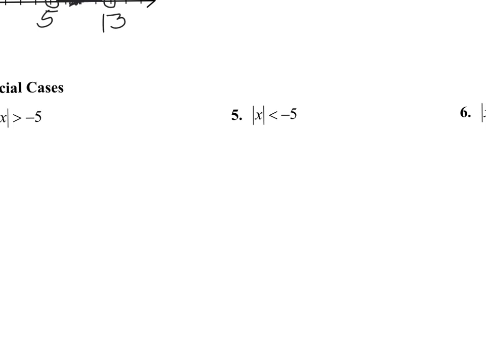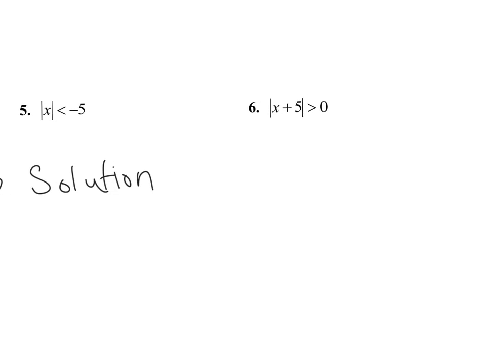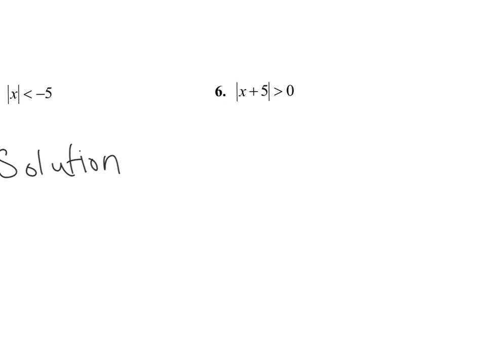Well, there's no scenario ever that that's going to be true because the absolute value is always positive, and the last time I checked, positive numbers are greater than negative numbers. So this is never going to be true. We have no solution. Now, over here, the reason why this is a special case is not necessarily because it's going to be all real numbers or no solution, but because it looks a little bit more unique on the number line itself.